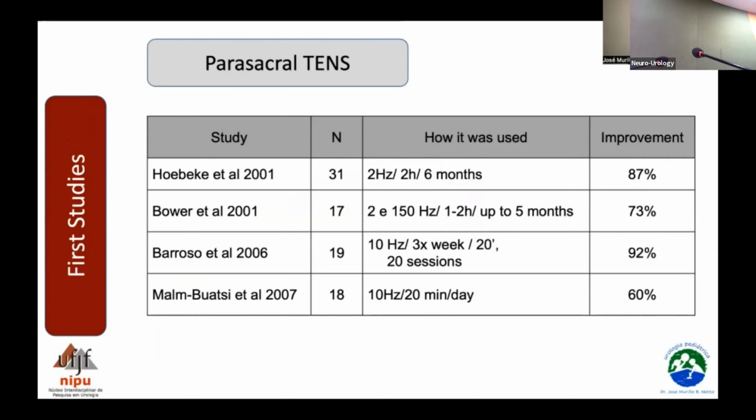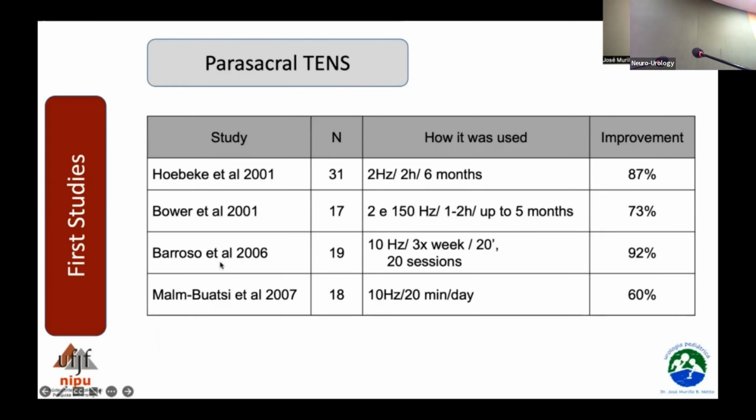So the first studies with parasacral TENS were done by Piet Hoebeke in Belgium back in 2001. And he used 2 hours a day for 6 months. It was a bothersome procedure, but he got 87% improvement in his group. Another group, Bauer, at the same time, used 1 to 2 hours a day, up to 5 months.